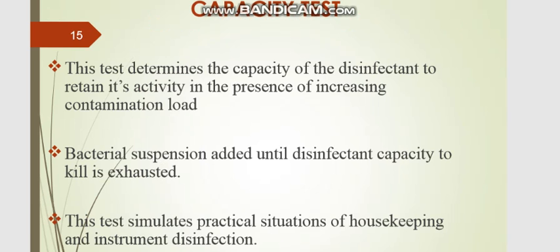So this test determines the capacity of a disinfectant to retain its activity in the presence of increasing contamination load. Bacterial suspension is added until the disinfectant's capacity to kill is exhausted. So up to that time, we are continuously adding the bacterial culture.